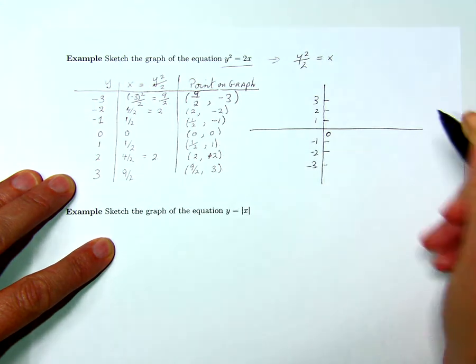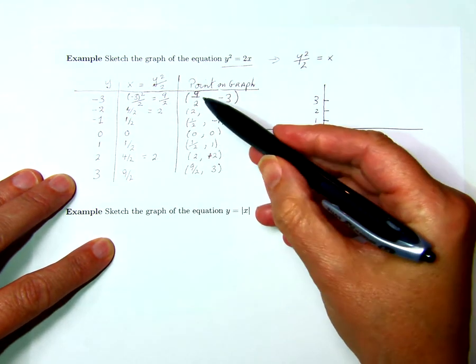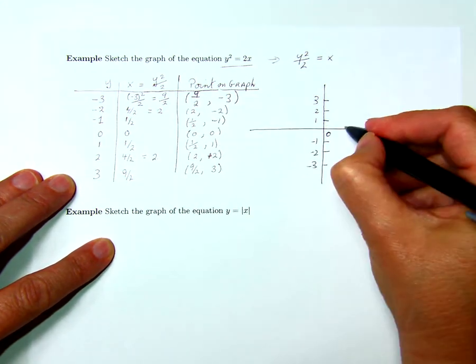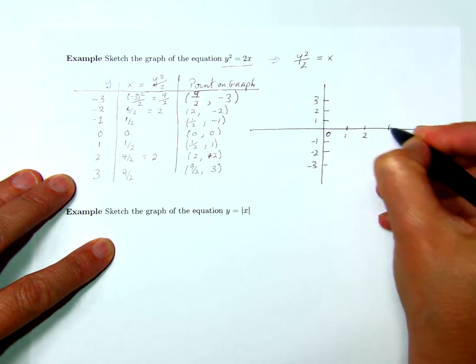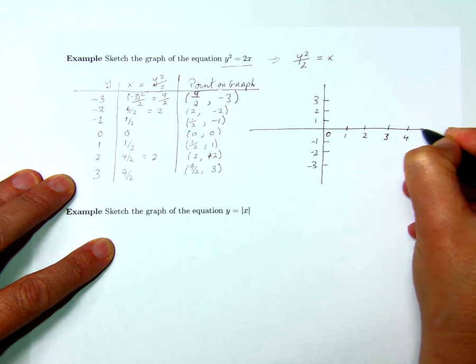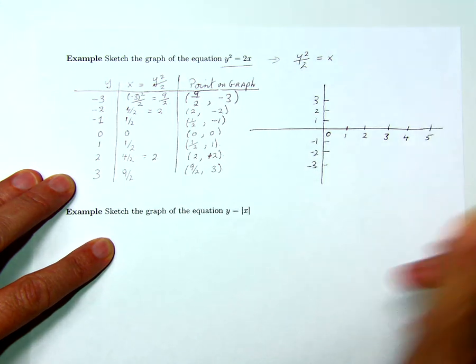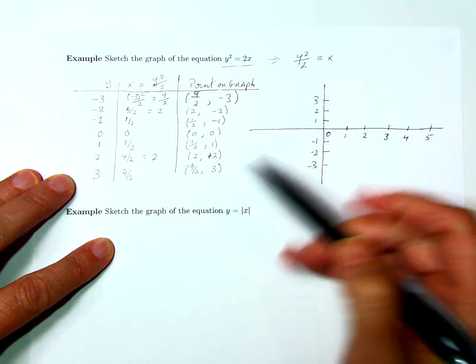Now we want to be careful about our units here. Our graph will extend to x equals 9 over 2, which is 4.5. We should certainly allow room for that. And notice that all of the x values here are positive.